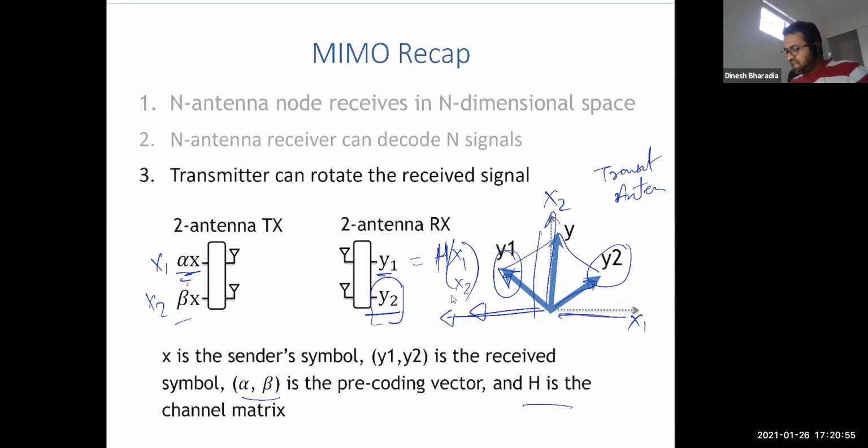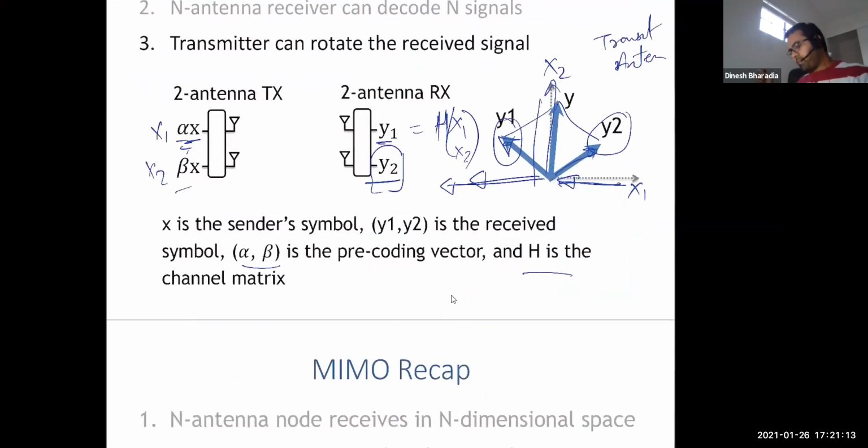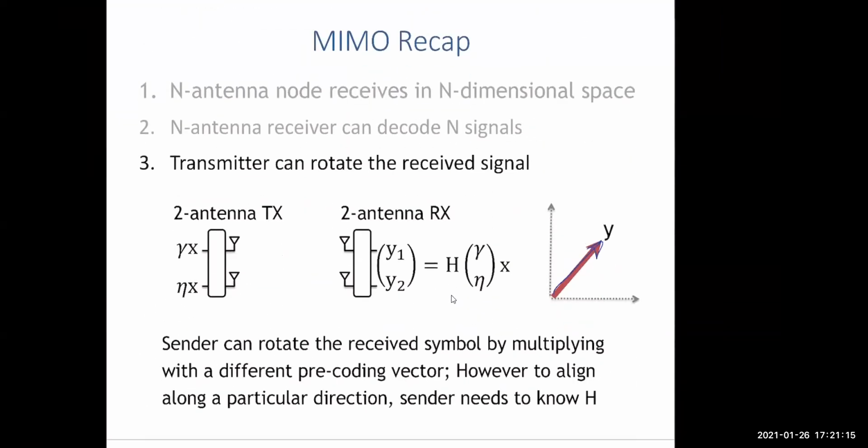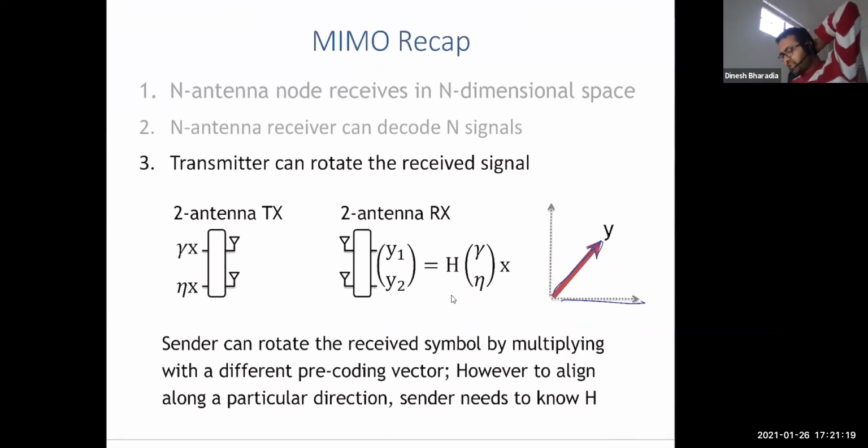Now, if this x1 and x2 are like alpha comma beta, what it says is that you are scaling this axis by alpha and this by beta. So essentially you're rotating or stretching, like one you're squeezing in and one you're squeezing out. You can do that. Does that give you a better intuition, Kai? Yeah. So by choosing different gamma and eta, I can stretch this axis and squeeze this axis, and that way I can rotate things.